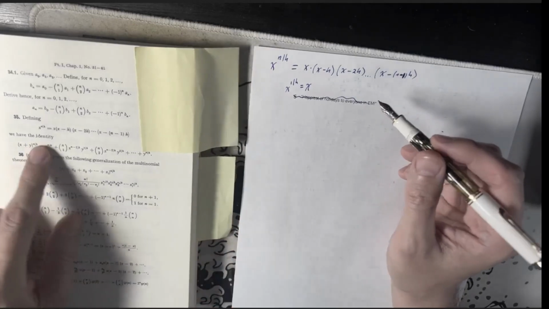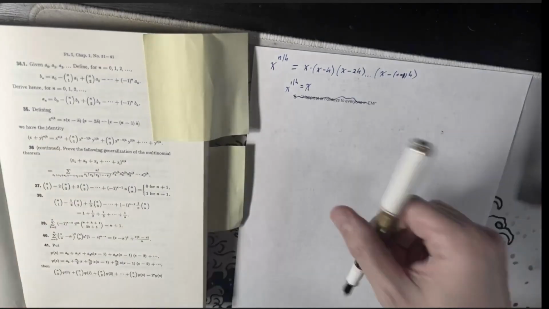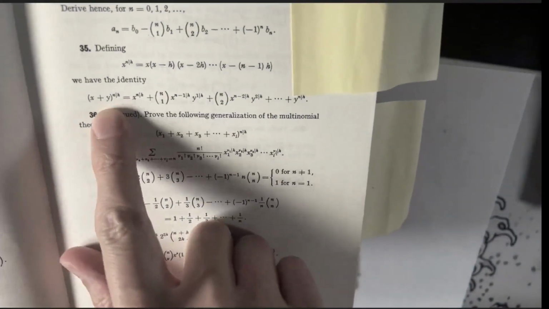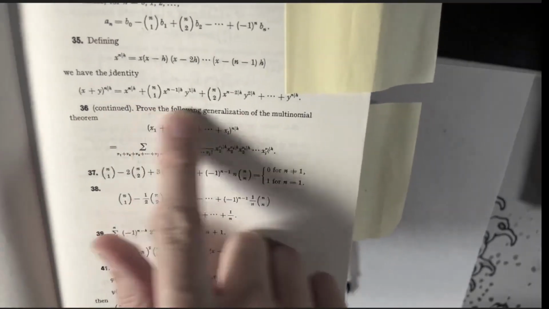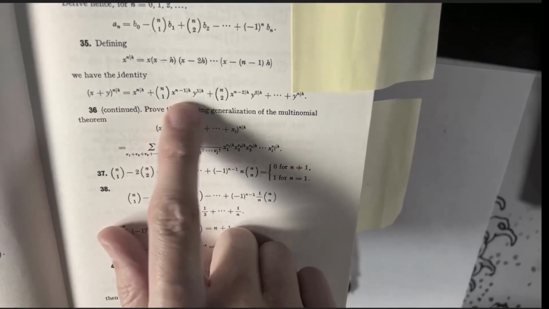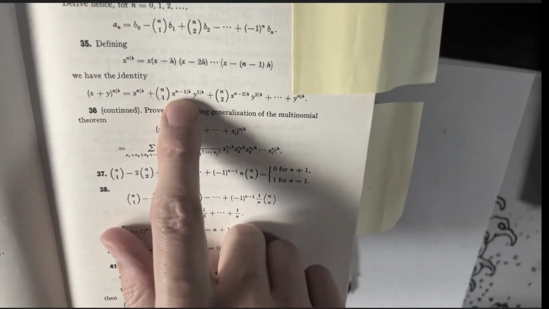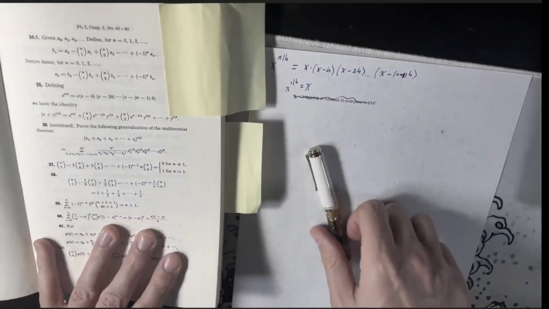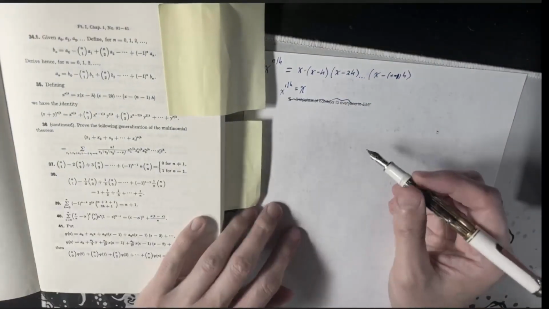And then what he's asking us to show is that you basically have the binomial theorem again. If you were to expand this under this definition, it works out to be this stuff. Like the sum of the first argument is always n, just like with exponents, the sum is always n in the binomial theorem. And other than that, you get binomial coefficients as well.